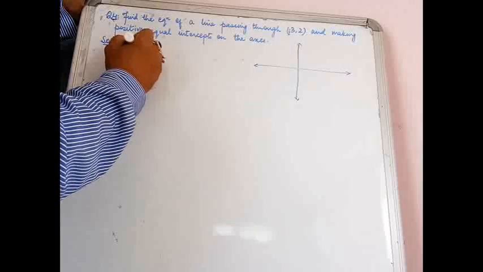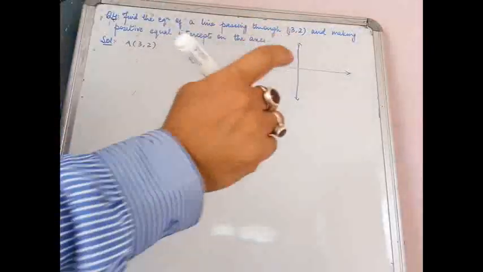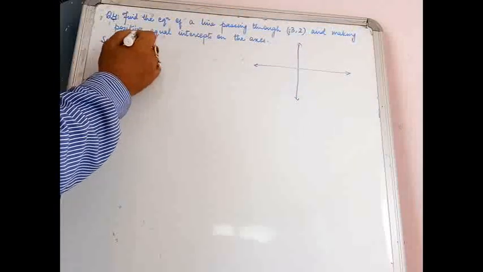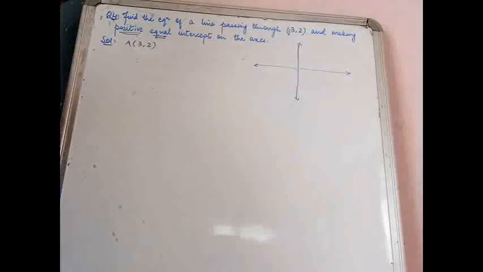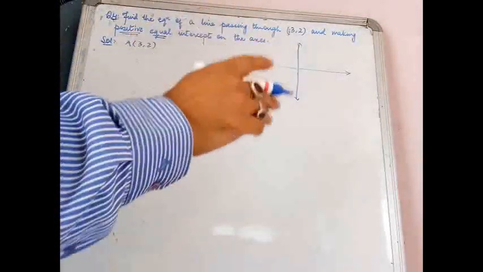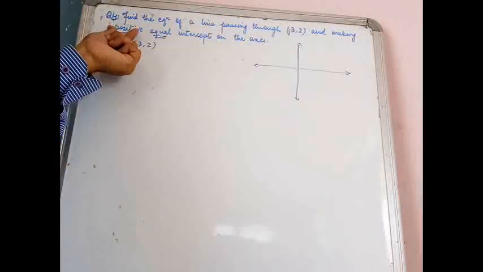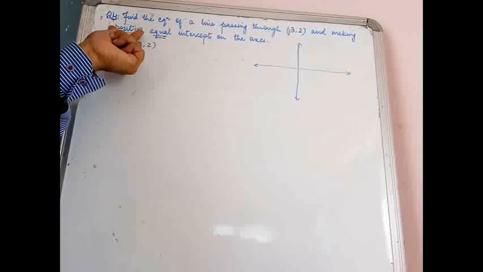So the first point is already given as 3, 2, and our line is making positive equal intercepts on the axes. Axes is the plural word, that means on both axes. The two important things to note here are positive intercepts.